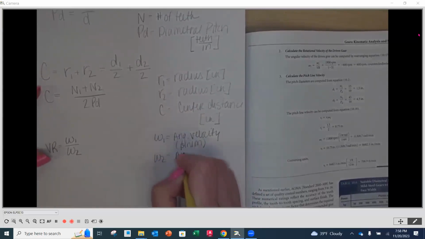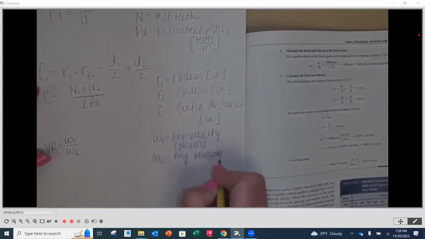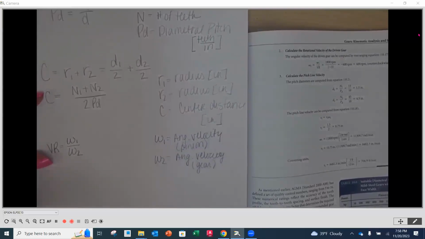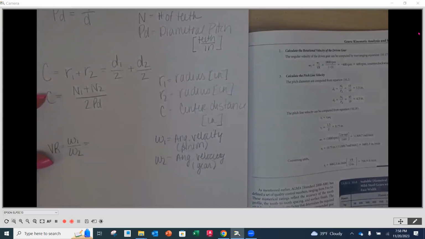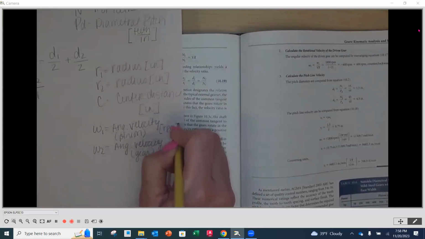W2 is the angular velocity, but this time of the gear, the larger of the two that are engaged. That's one way I can calculate the velocity ratio. And I should say as well, this is going to have units of RPM.